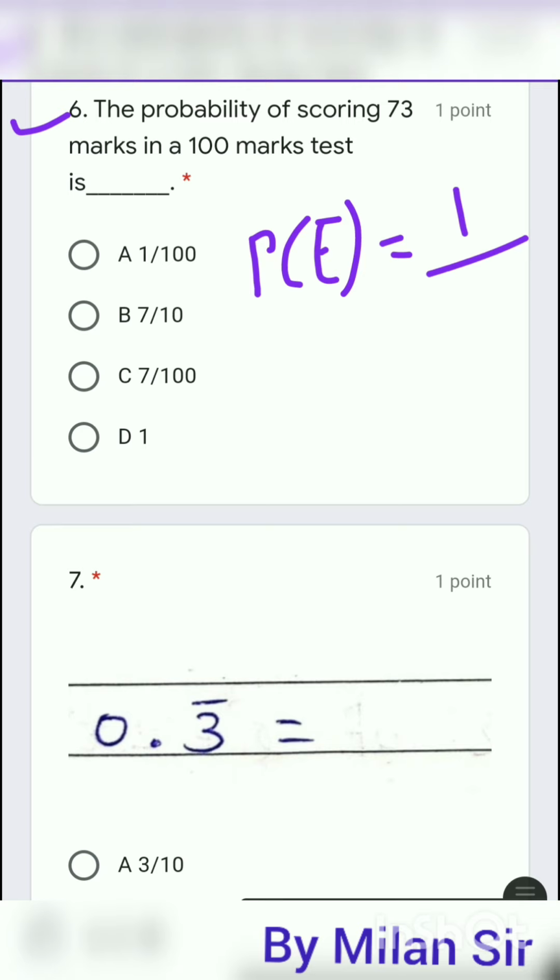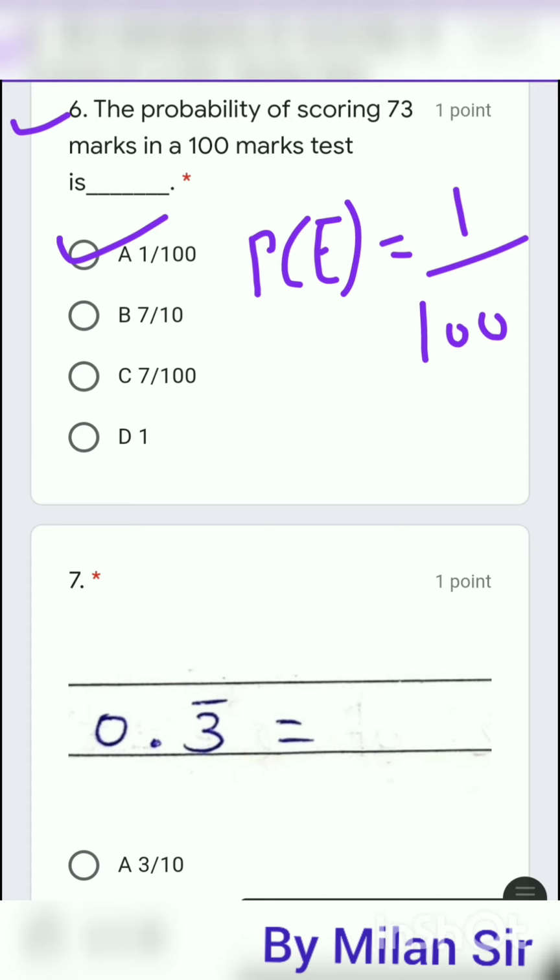In 1 to 100, total one possibility is there for 73. So in 1 to 100, the possibility for 73 is only 1, divided by total marks 100, right? So our answer is 1 by 100, option A.